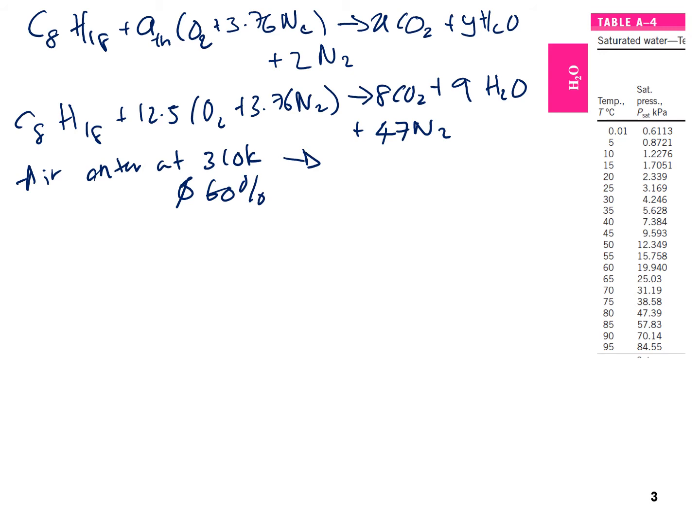So 310 minus 273 gives 37 degrees Celsius.